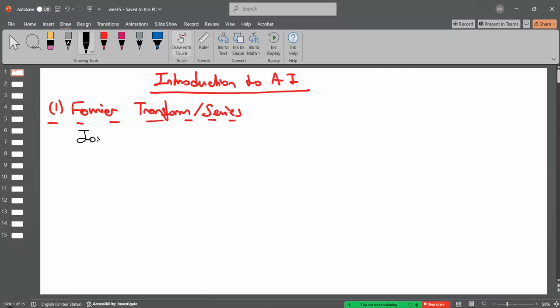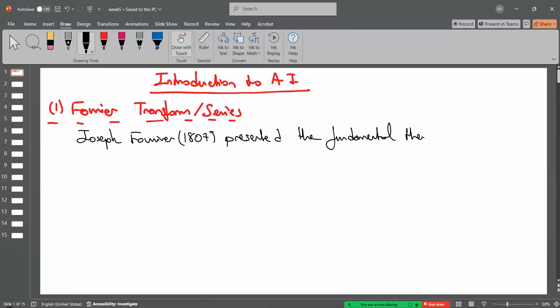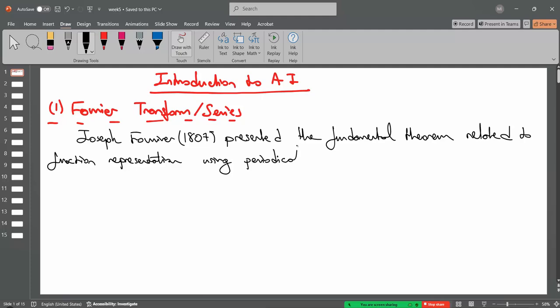So, Joseph Fourier in 1807 presented the fundamental theorem related to function representation, guys, using the periodical function. Just like this one.